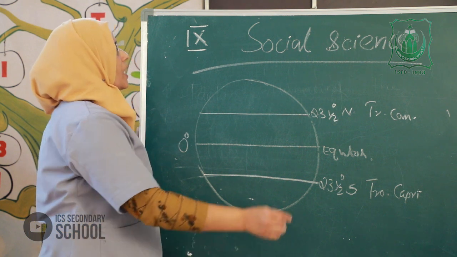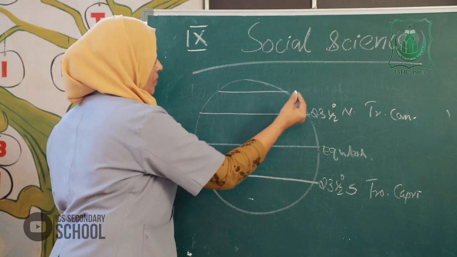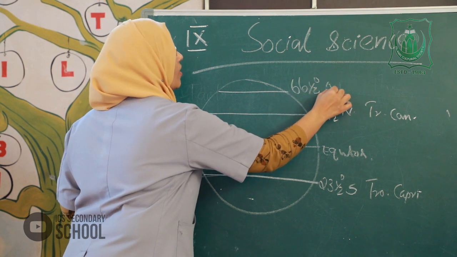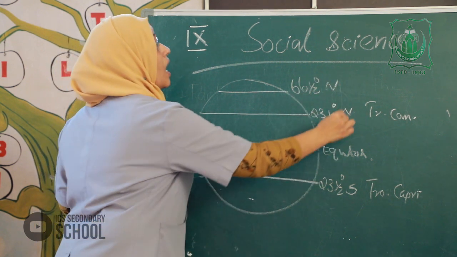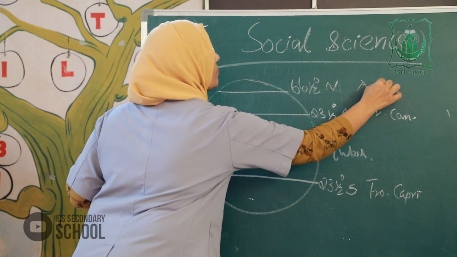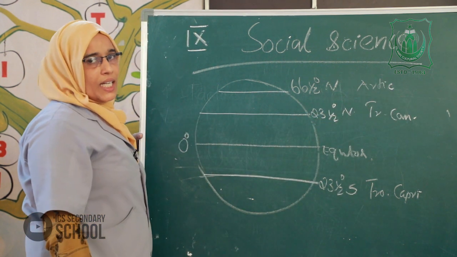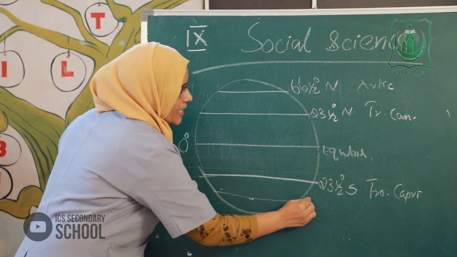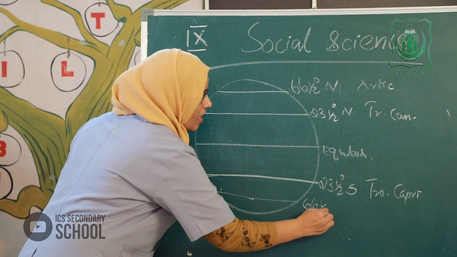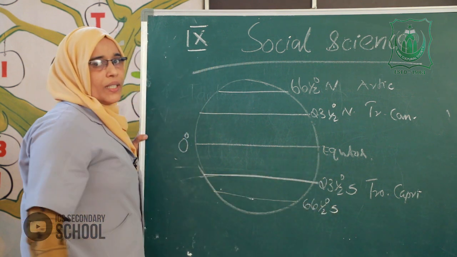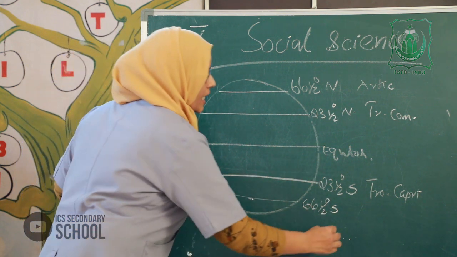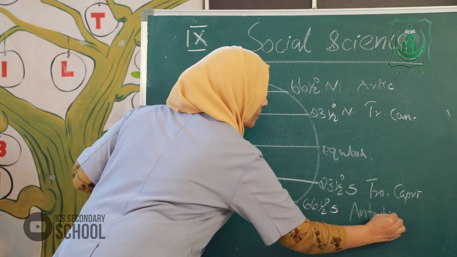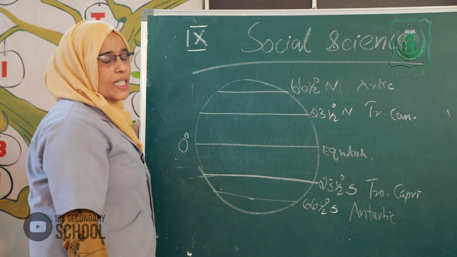Then 66.5 degrees north, Arctic Circle. Then 66.5 degrees south, Antarctic Circle.